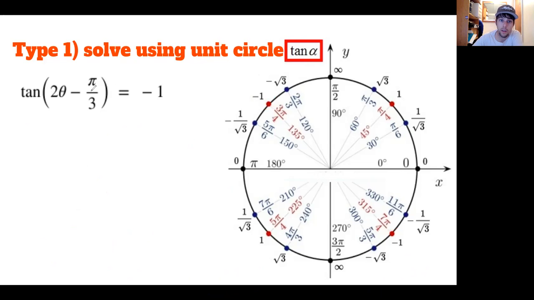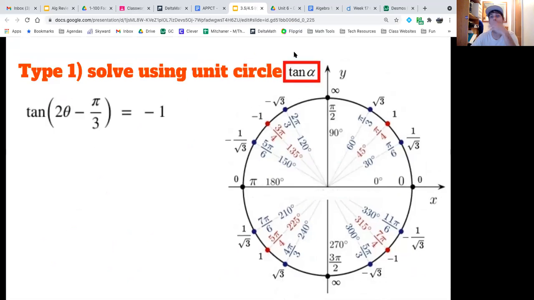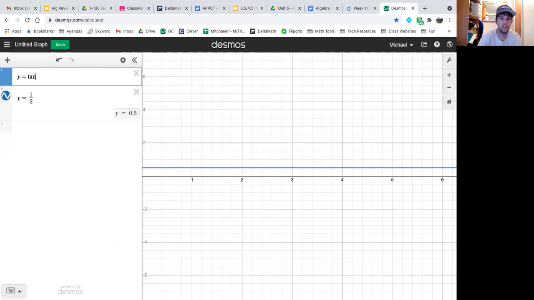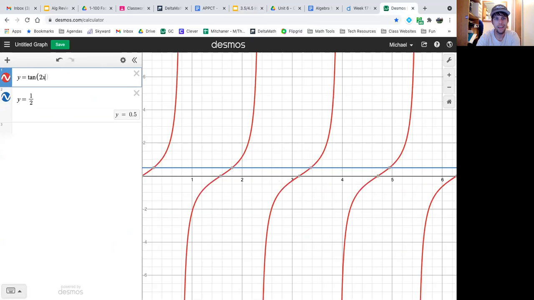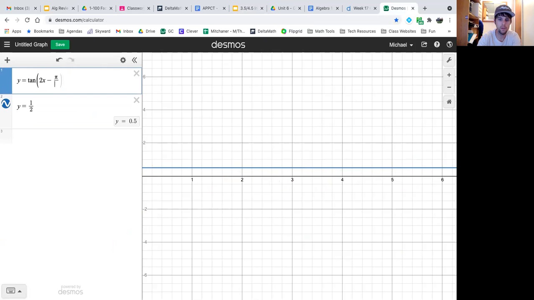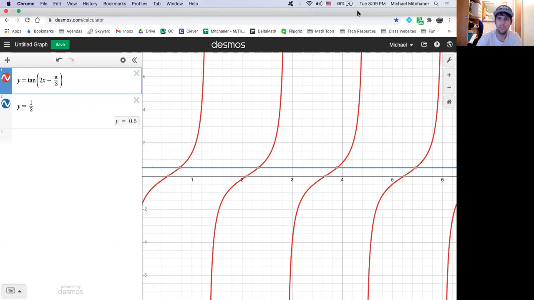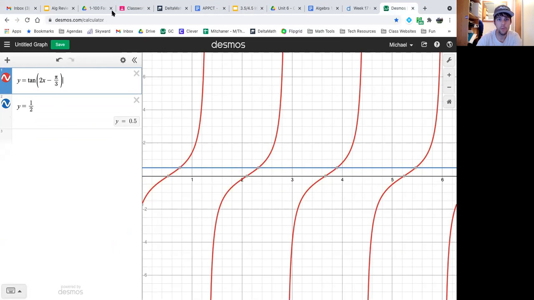So this is my equation. We had tangent of 2x minus pi over 3. I might have misspoken on that. Is it minus or is it plus?